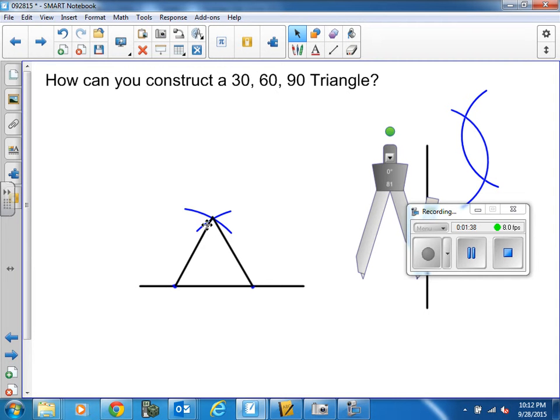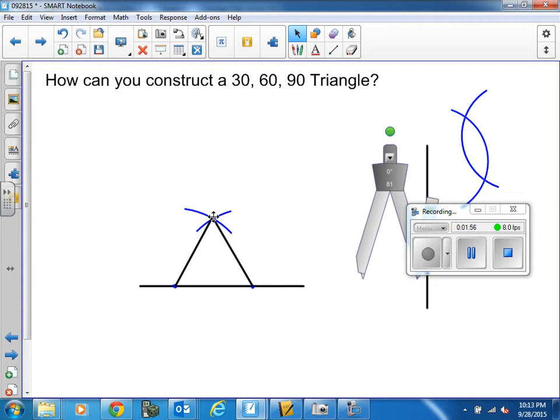Then I could go up top here and do the angle bisector, which, remember, cuts the angle in half, which would produce a 30-degree angle. In this case, the perpendicular bisector of a side of an equilateral triangle will also bisect the opposite angle.